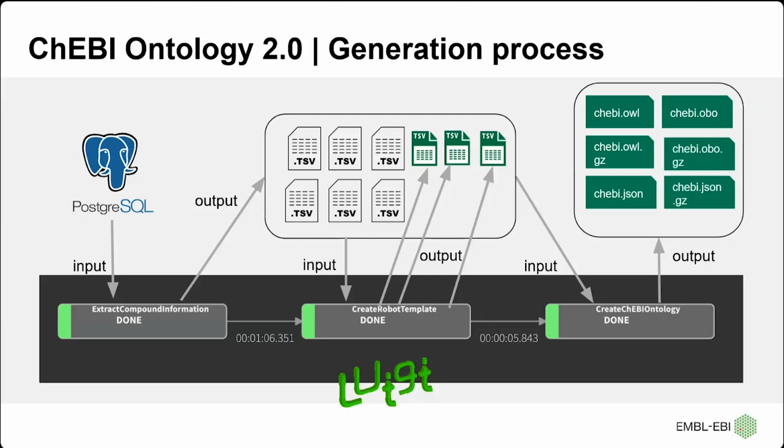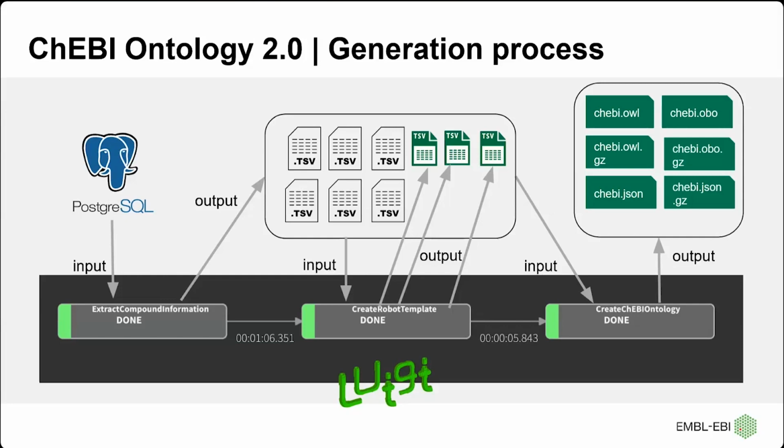Basically, we have three steps in this new ETL. One step extracts all the information from PostgreSQL and creates 6 TSV files. These TSV files have all the information to generate the ChEBI ontology, but it's not assembled in the correct way.